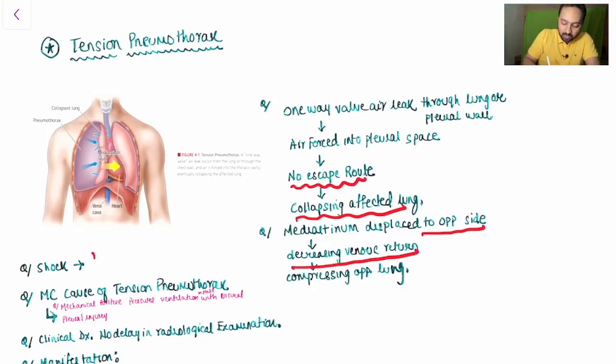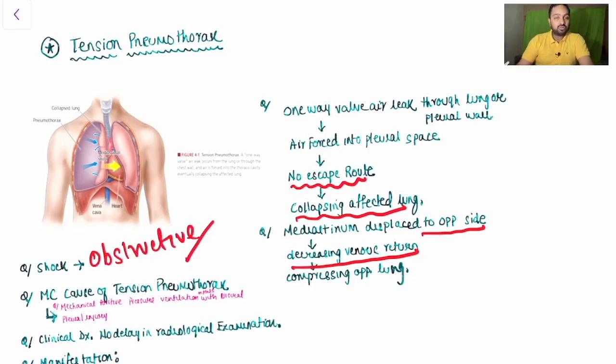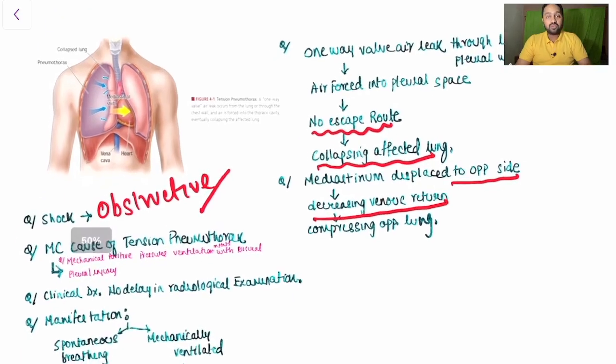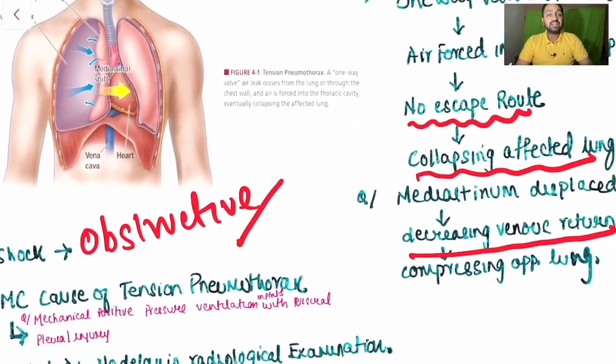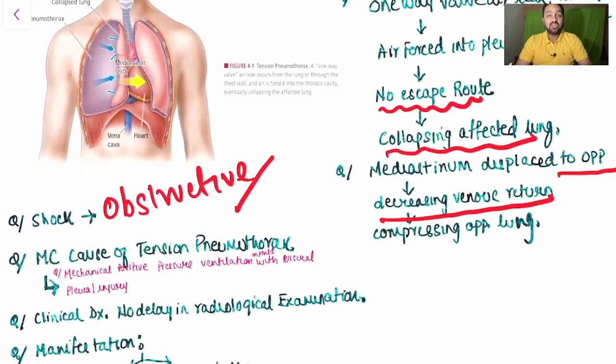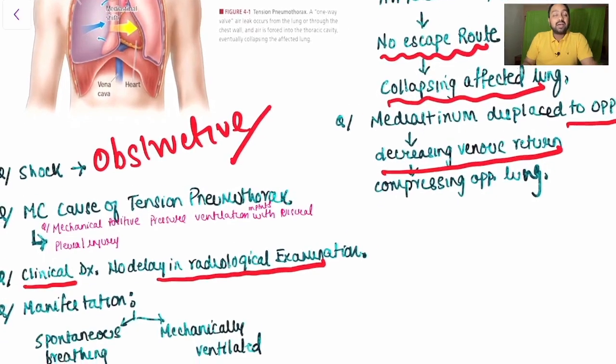The shock that occurs in tension pneumothorax is the obstructive type of shock. And the most common cause is mechanical positive pressure ventilation in patients with visceral pleural injury. It is a clinical diagnosis with no delay for radiological examination.